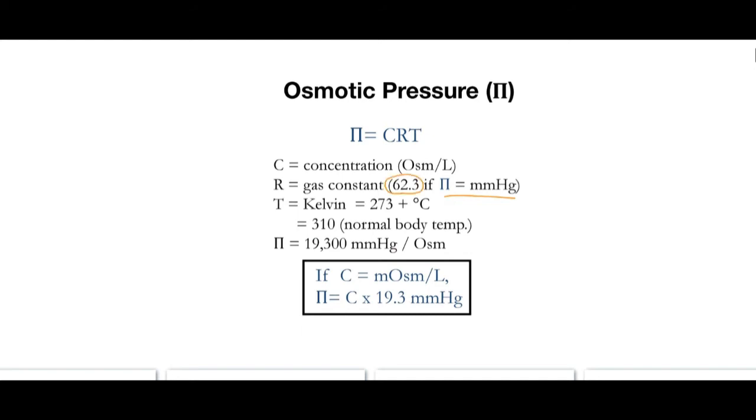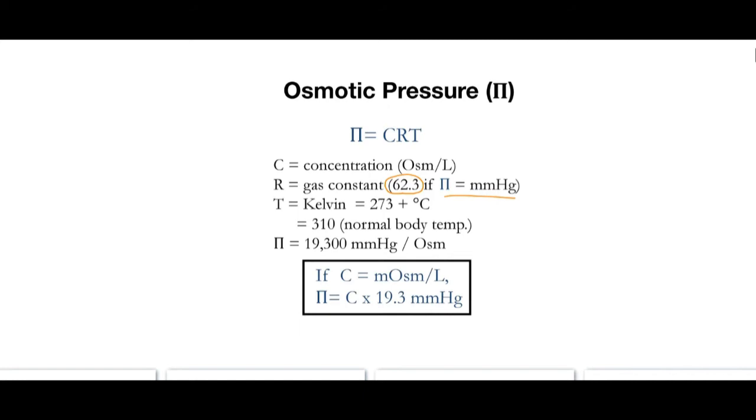Some of you from chemistry might remember that if you measure it in Newton meters over moles times Kelvin, then you will have a number of 8.314 for the universal gas constant. That's only if you're measuring in pascals, so a different unit. For our purposes, the universal gas constant will be 62.3 because we're going to measure everything in millimeters of mercury.